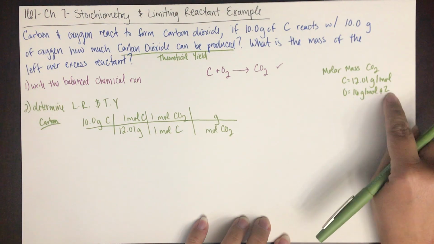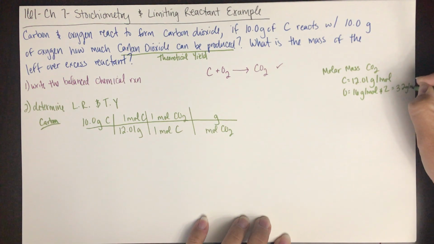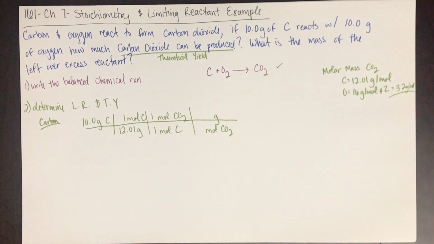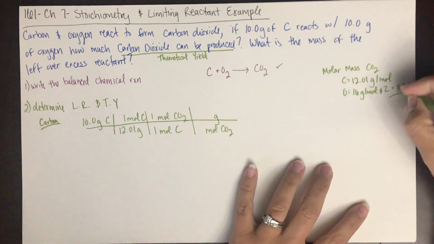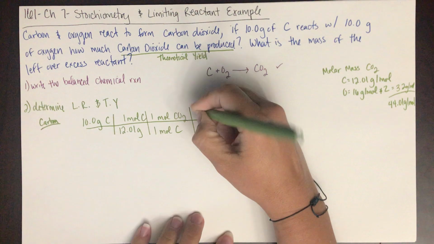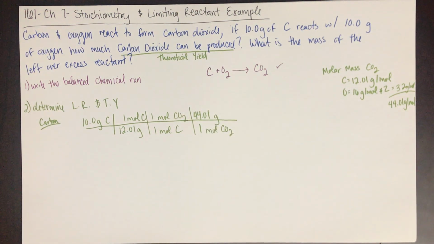So 16 times 2 is 32 grams per mole. Plus 12.01, the molar mass of carbon dioxide is about 44.01 grams per mole. So 44.01 grams in 1 mole of carbon dioxide.